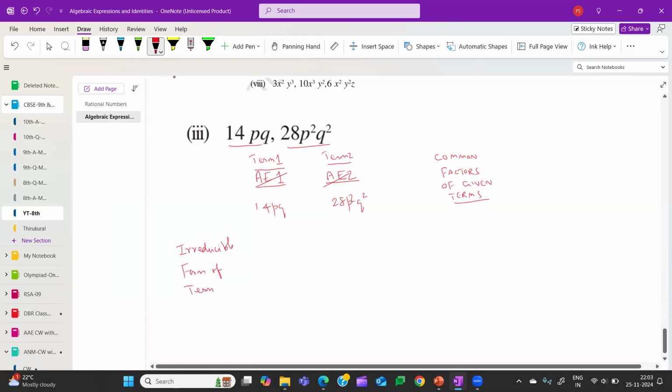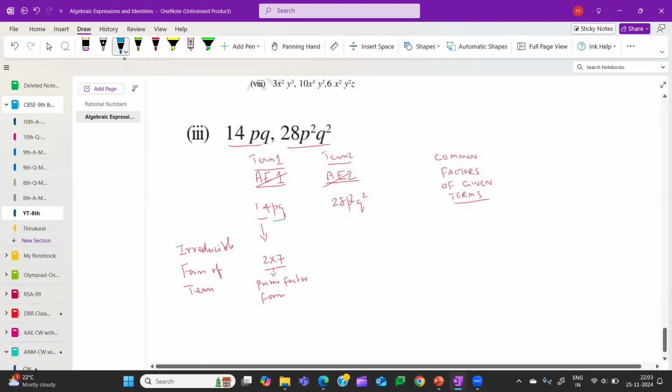In 14pq, 14 is the numeral form and pq is the variable form. For 14, we write it as 2 into 7. This is the irreducible form, or the prime factor form.